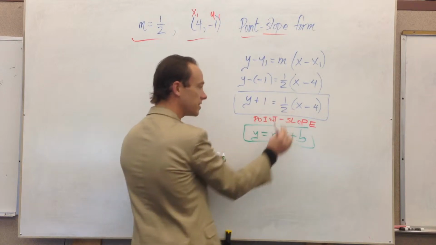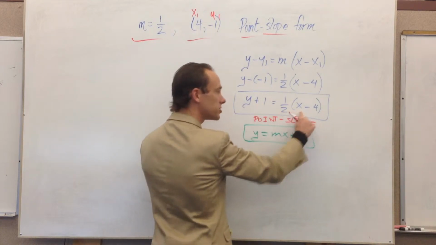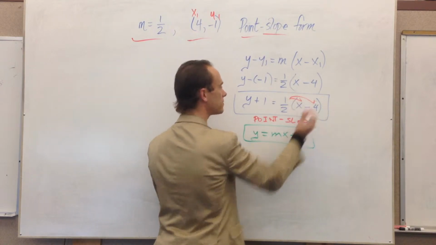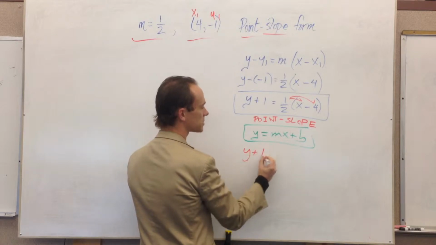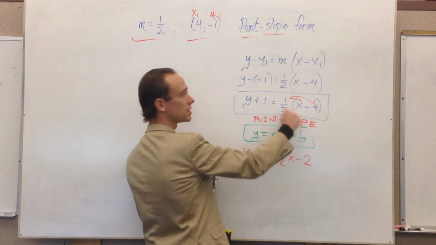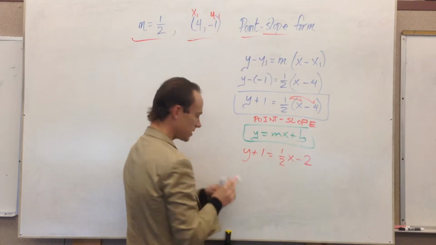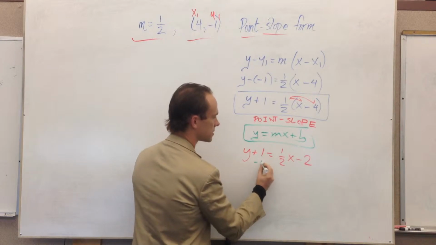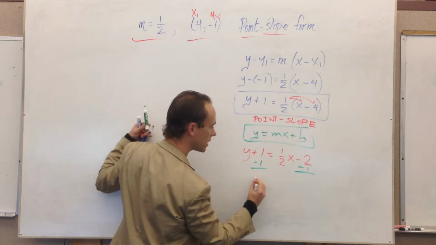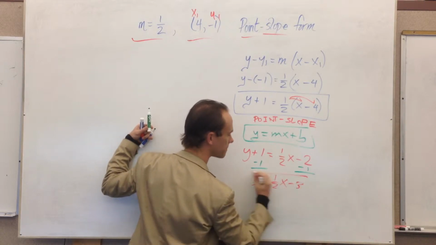All you do to go from here to here is basically solve for y, and you've got to distribute the 1/2. So watch this. If I distribute this 1/2, I get y plus 1 is equal to 1/2 x minus 2, because 1/2 times 4 is 2. Then you subtract 1 from both sides, and you get y is equal to 1/2 x minus 3.